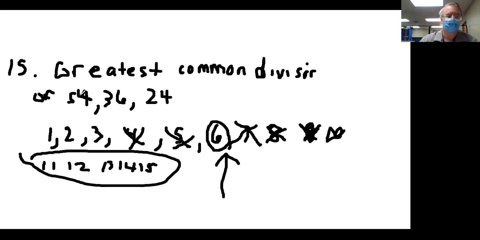You just take a calculator and divide each one, see what the highest number is that'll divide into each. You literally divide that number into each one of these.